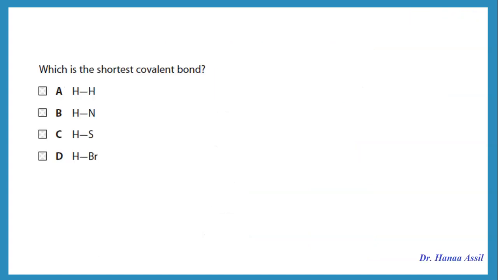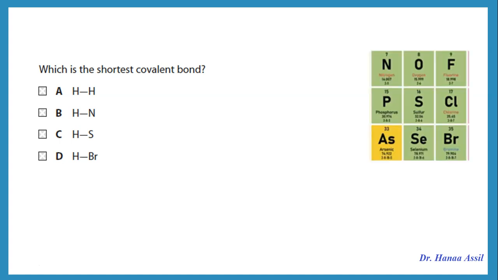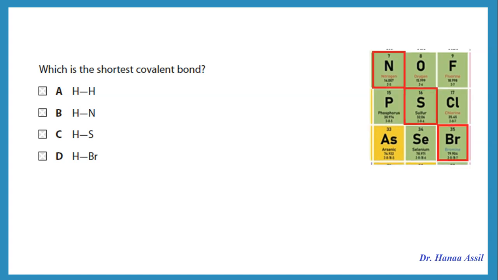Which is the shortest covalent bond? Well, let's see. If we're looking at H with H, or H with N, or H with S, or H with Br. Now, H with H, that's two very small atoms. An H with a nitrogen, the bond length will be the distance between the nucleus of the hydrogen and the nucleus of the nitrogen.